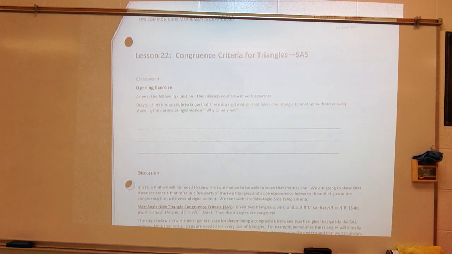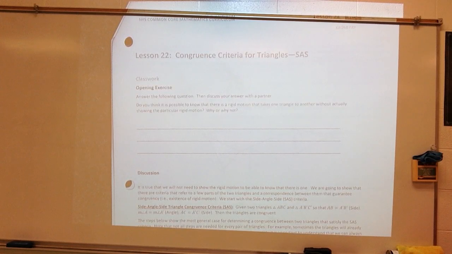So you may think that it is not possible because it's necessary to show the transformation as proof. Some of you may believe that you can do this by looking at our triangles carefully. That's what we're going to be looking at now. We're going to be looking at, can we do this?